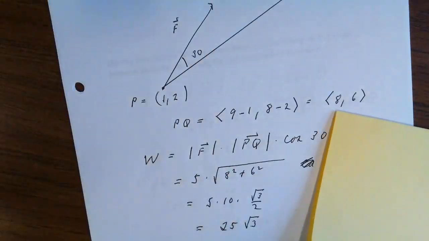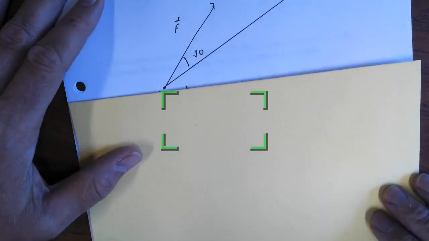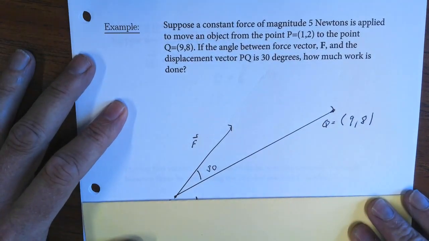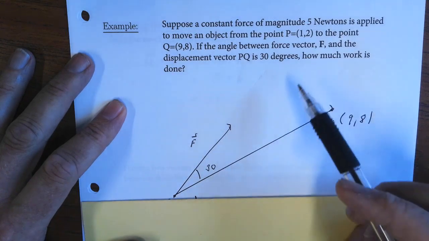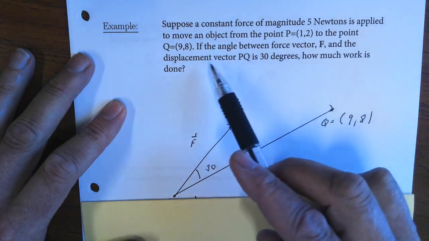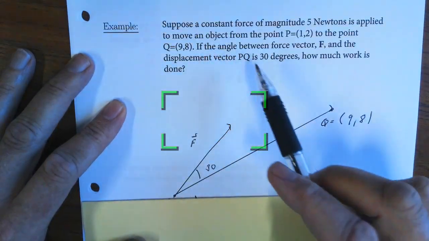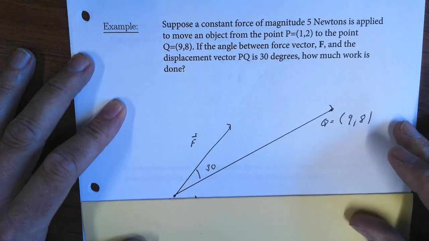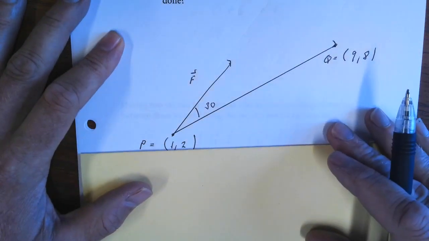Take a look at a simple example. Suppose a constant force of magnitude 5 newtons is applied to move an object from the point P equals (1, 2) to the point Q equals (9, 8). If the angle between the force vector and the displacement PQ is 30 degrees, how much work is done?